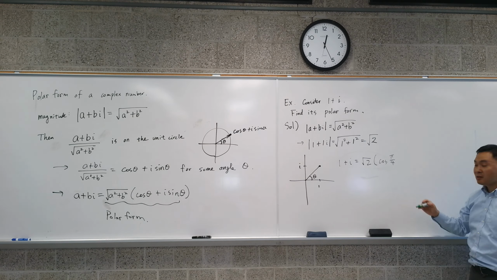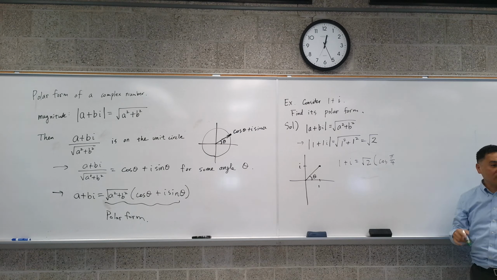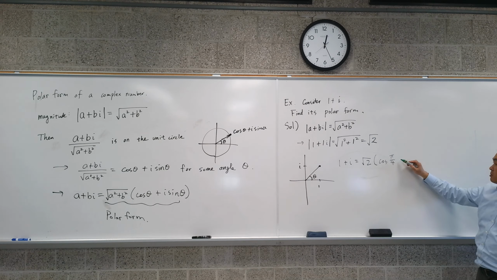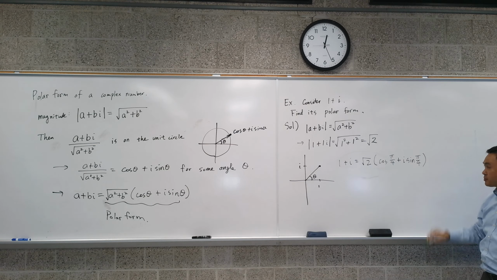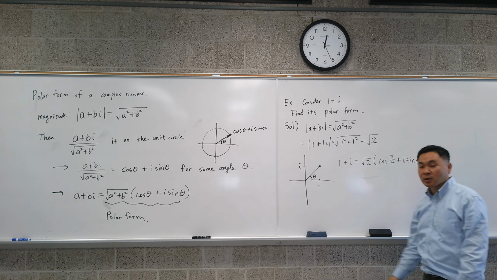Hopefully you know that. If you don't, please review your radians and degrees today, okay? And then i times sine of 45 degrees. That's cosine of pi over 4 and sine of pi over 4, root 2 over 2.